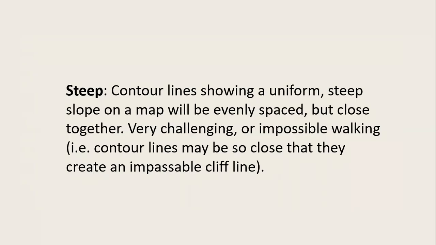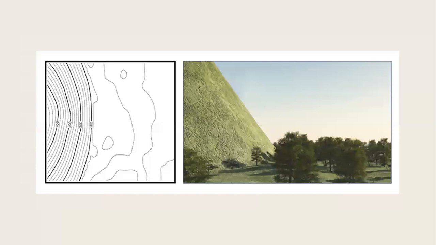Contour lines showing a uniform steep slope on a map will be evenly spaced but close together, very challenging or impossible walking. Contour lines may be so close that they create an impossible cliff line. So this is a steep slope.